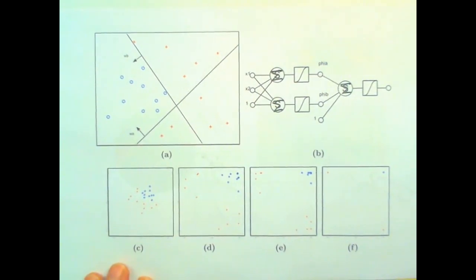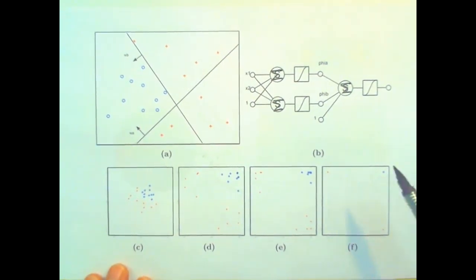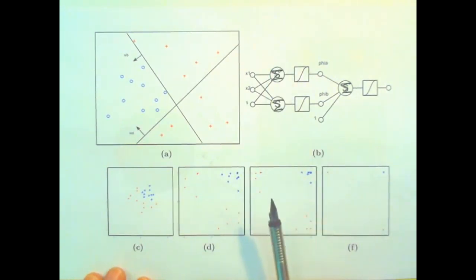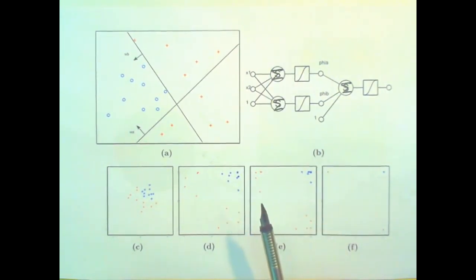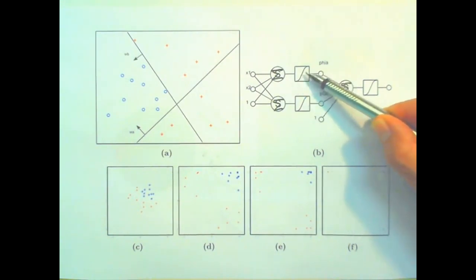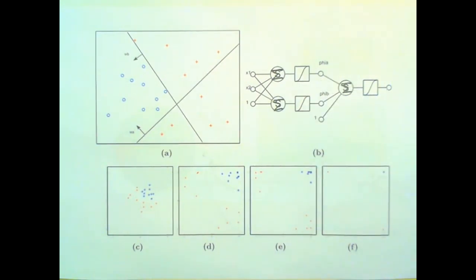Now, it is important that these mappings by the perceptrons in the first layer of neurons should submit their output to a nonlinear activation function. And in the bottom row, you see what happens for a variety of so-called activation functions. And by the way, these activation functions here are symbolized by the sigmoids in those boxes here.